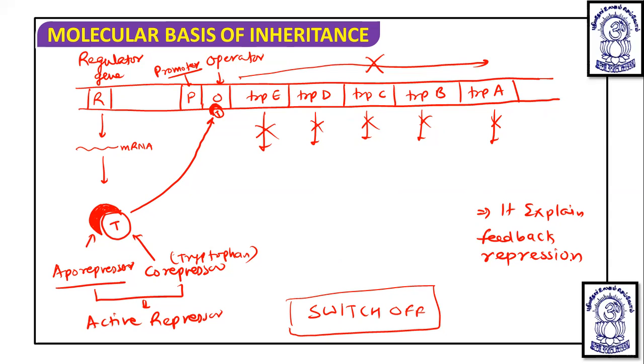This active repressor binds with the operator gene and blocks the function of RNA polymerase. So transcription would not occur and the tryptophan operon will be switched off. Feedback repression functions when there is no need of the end product, or tryptophan is not needed in a large amount. Hence, there is no requirement of continuing this anabolic pathway and the operon stops the process. So it is a repressible operon, and that is all about the tryptophan operon.